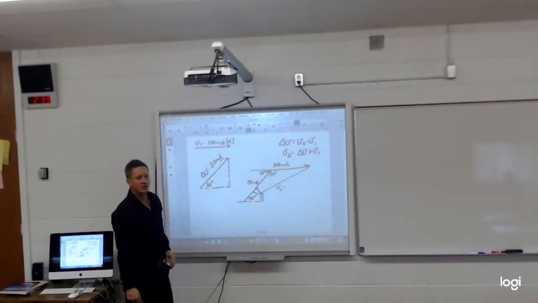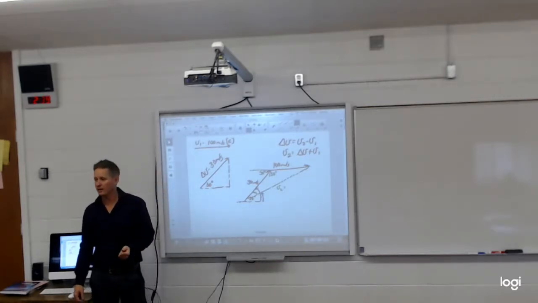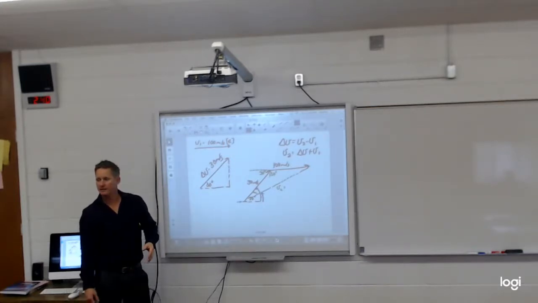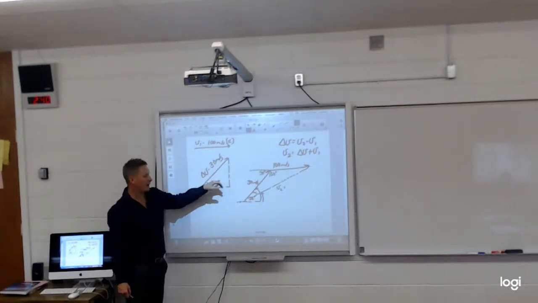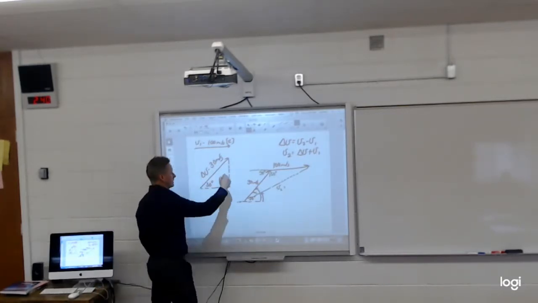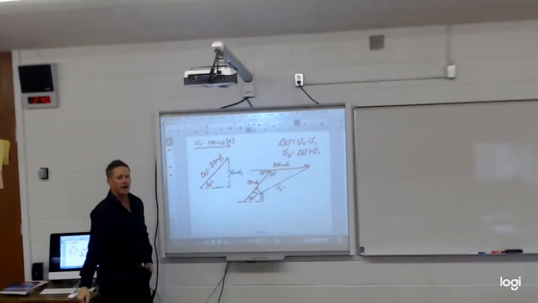Now, if I were to do this question, just a second, Austin, if I were to do this question using right triangle trig, I know it'd be easier. I think this is easy, but you're right, it could be hard for some. I would find out what my two components are right here. So this one is 15 meters per second, I know that, because the sine of 30 is a half.